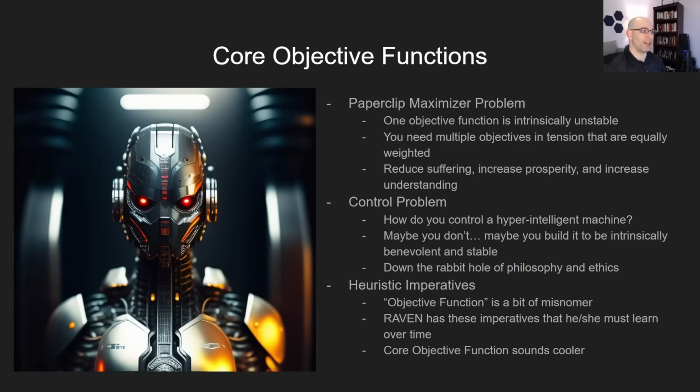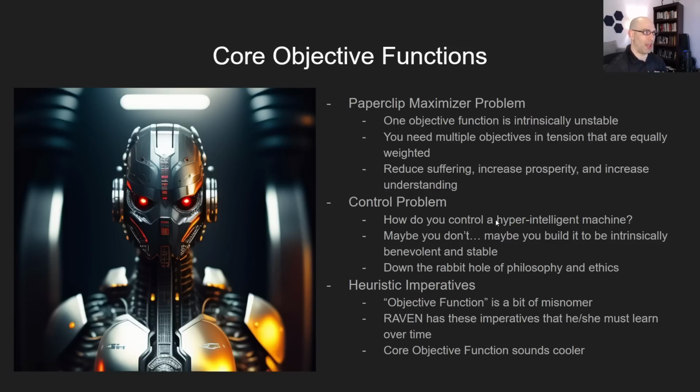By setting these goals to reduce suffering for all living things, increase prosperity for all living things, and increase understanding for all things that are capable of understanding, Raven's core objective functions make Raven intrinsically interested in the well-being of all life, not just humans. Because if we put human interests first, that can have very disastrous consequences, as elucidated by climate change.